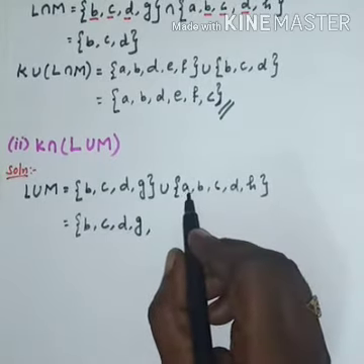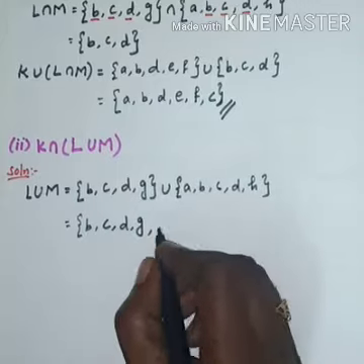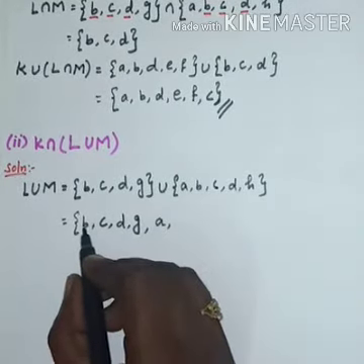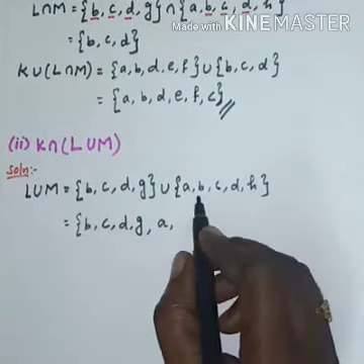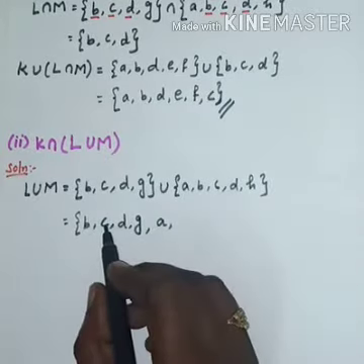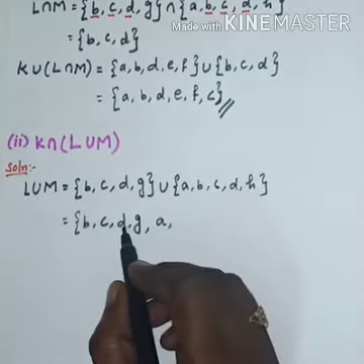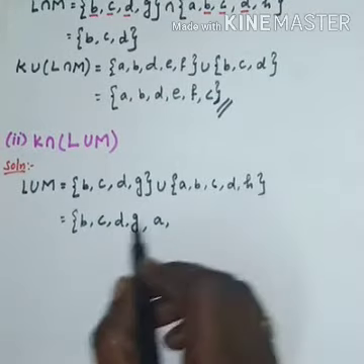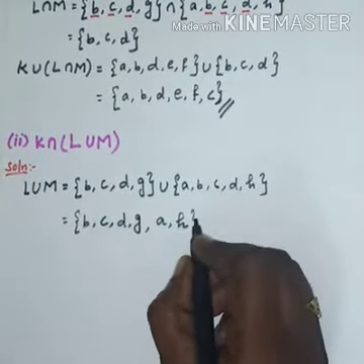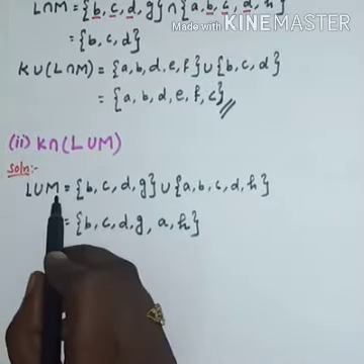And then from the second set, A we didn't write here, so include A. And B we already wrote here, so we need not write it once again. C also we already wrote. D already wrote here. H is not here, so include H. This is your L union M.